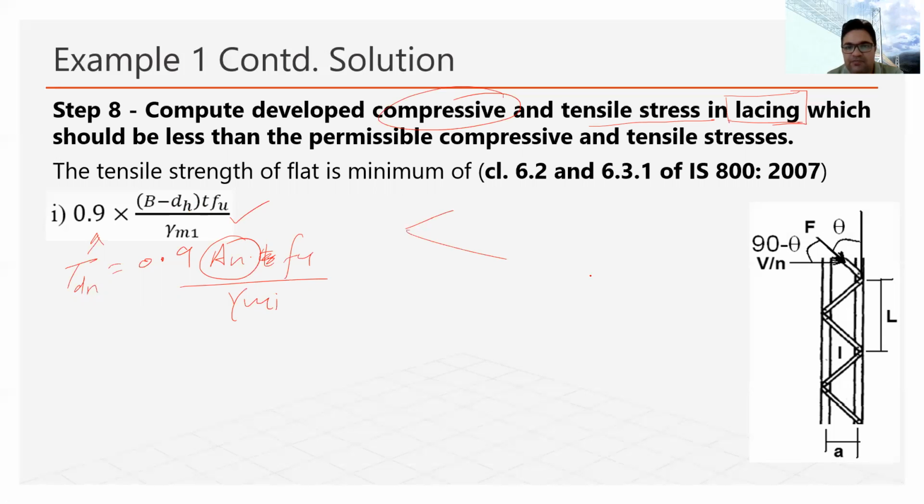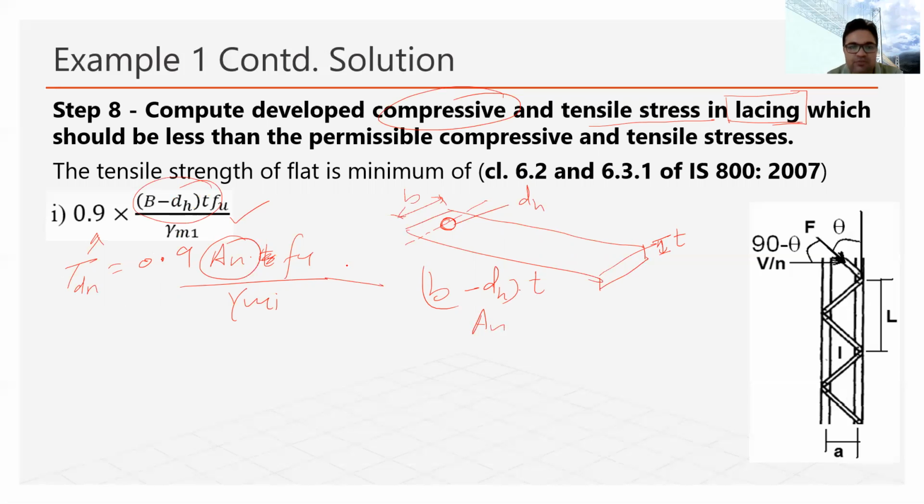If this is the lacing bar and at the ends it is connected by bolts, then the net effective area will be across this section. Here it will be the B value, the hole diameter I'm writing as DH, and the thickness of the lacing bar will be T. So this is how we find AN, which is B minus DH into T.